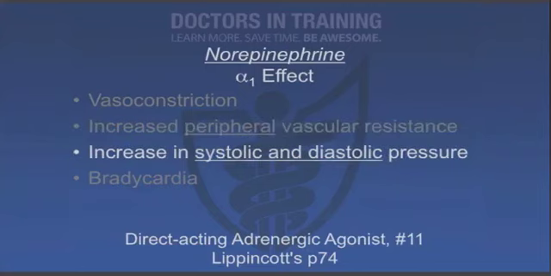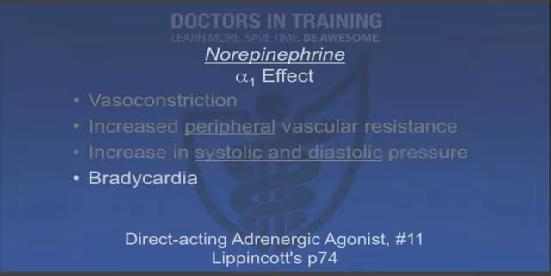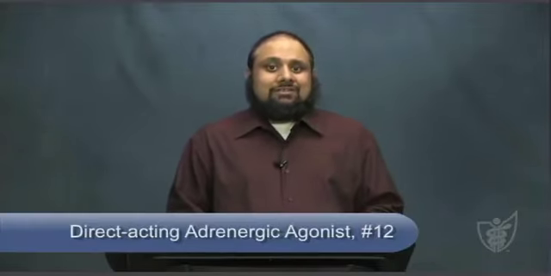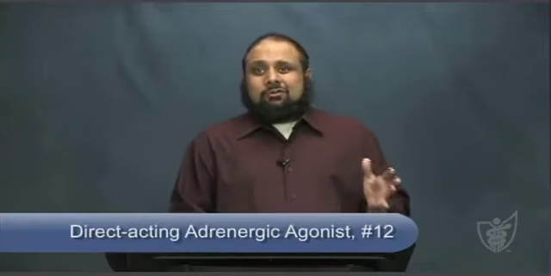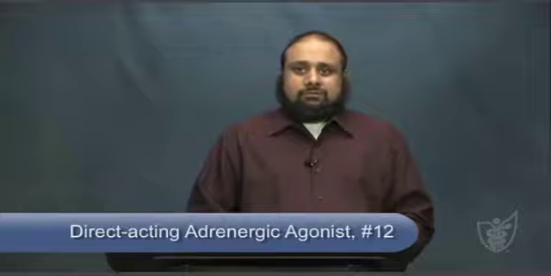So you're going to see an increase in the systolic and the diastolic pressure. Norepinephrine has much more vasoconstriction than epinephrine because epinephrine, again, has that beta-2 action causing vasodilation in the skeletal smooth muscles, while norepinephrine, not so much.